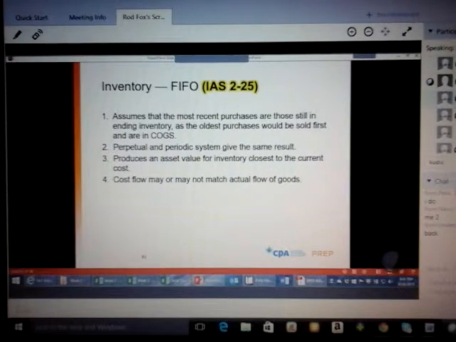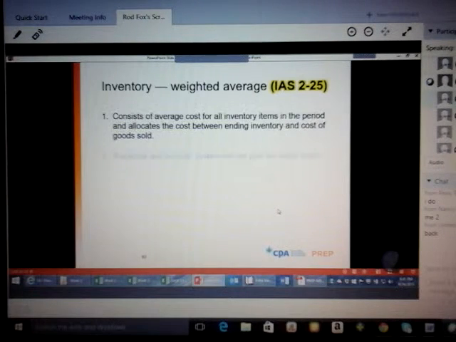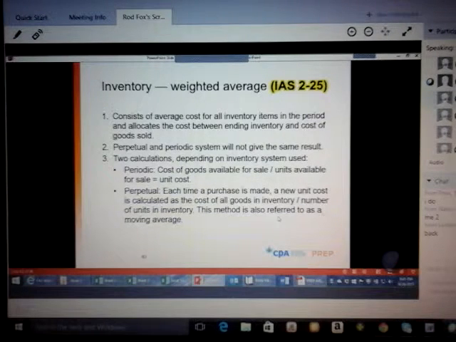The good news is that under FIFO, there's no difference in the amount we record as inventory and as cost of goods sold under the perpetual and periodic inventory systems. Then we can use a different method, weighted average. There is a problem, though. When we do the weighted average calculation, we can take an average either at the end of the period under the periodic inventory system, or we can take a weighted average before each sale, which is under the perpetual inventory system.